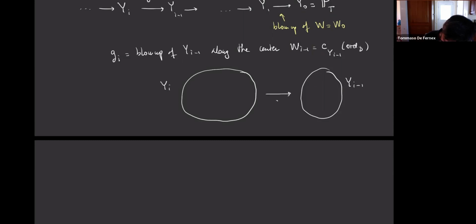So this map is g_i. Okay, so what are we blowing up? We are blowing up a center, a subvariety, which is w_{i-1} in y_{i-1}. And what happens when we blow it up? When we blow it up, we're going to pick up some divisor, which I'm going to call E_i, but then there might be some other divisors.